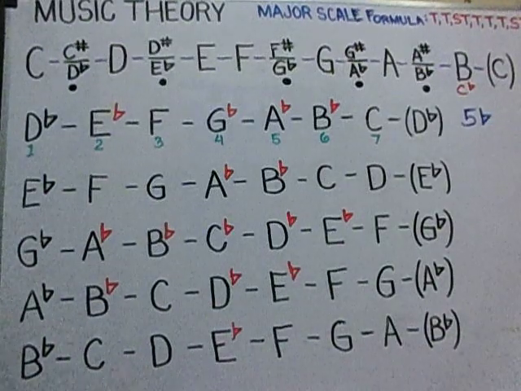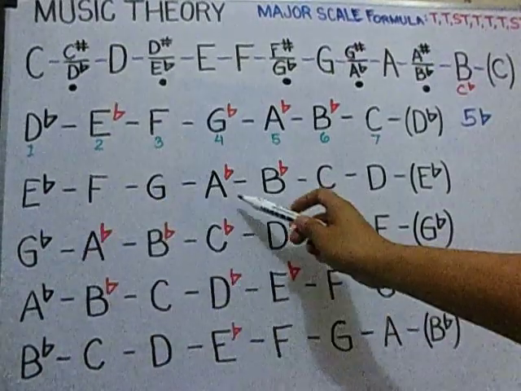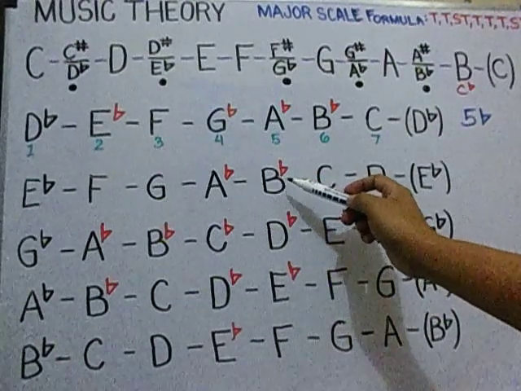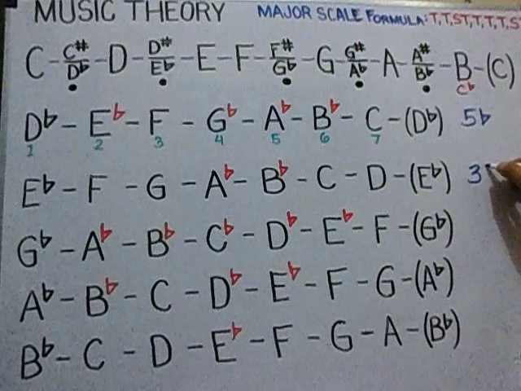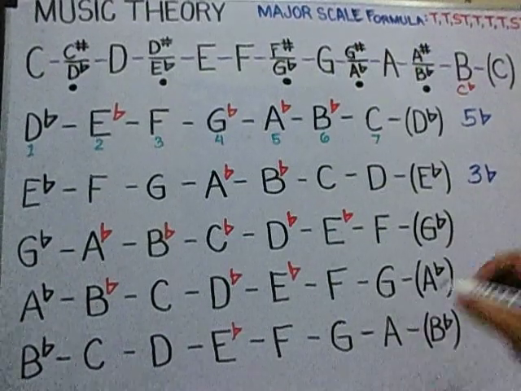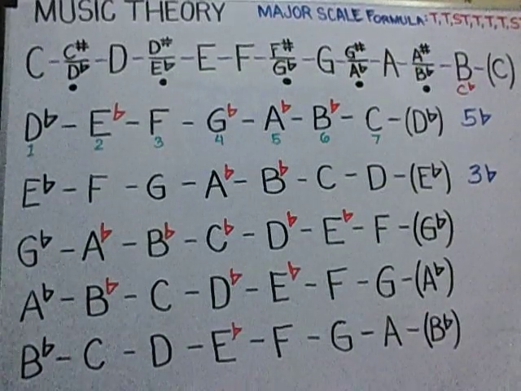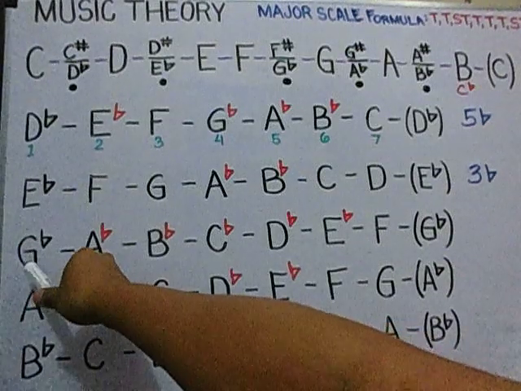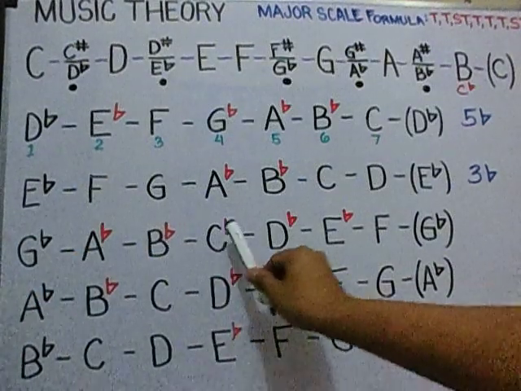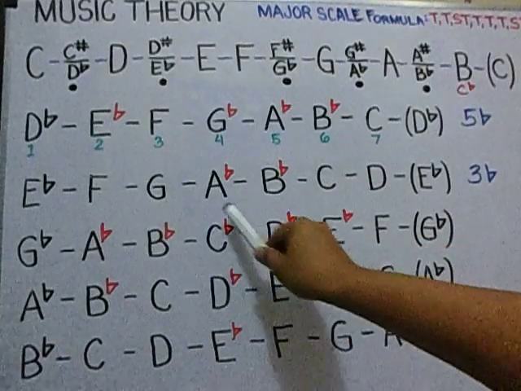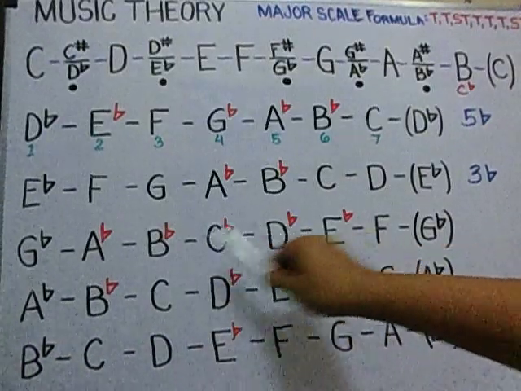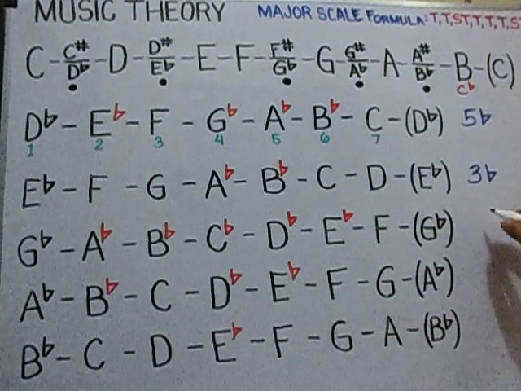For E flat, we have E flat, A flat, B flat. So we have 3 flats. For G flat, we have G flat, A flat, B flat, C flat, D flat, E flat. Again, we will consider this C flat.